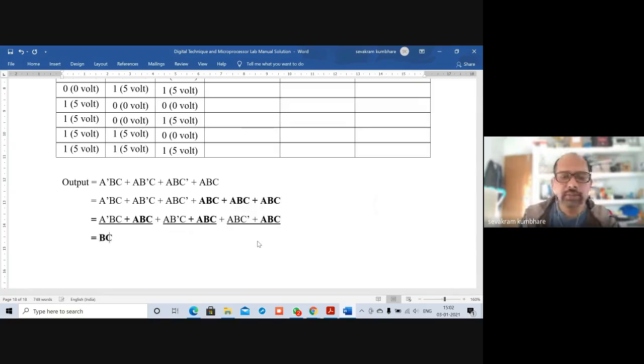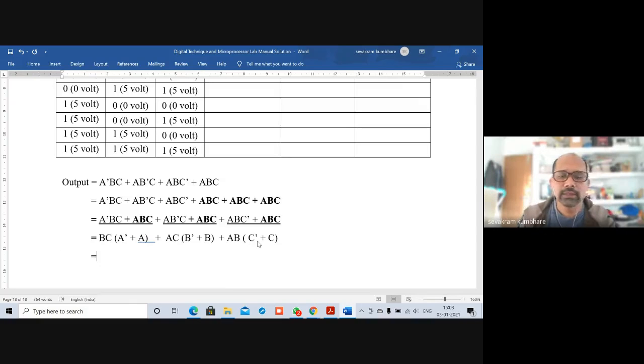This is BC in bracket, A bar plus A, plus AC into bracket B bar plus B, plus, in this I can take AB into bracket C bar plus C. Correct?